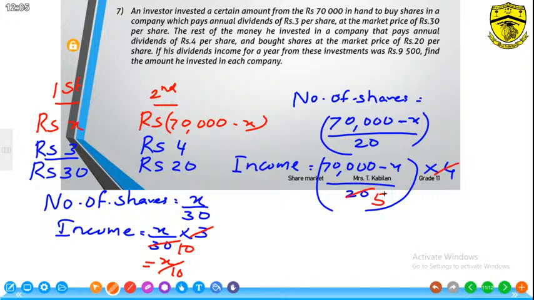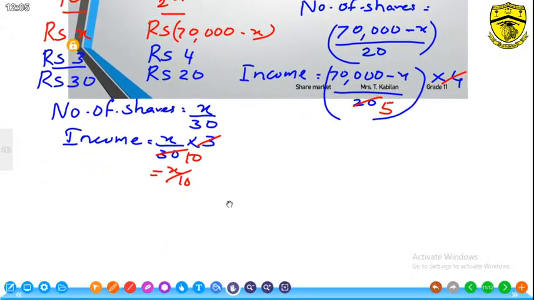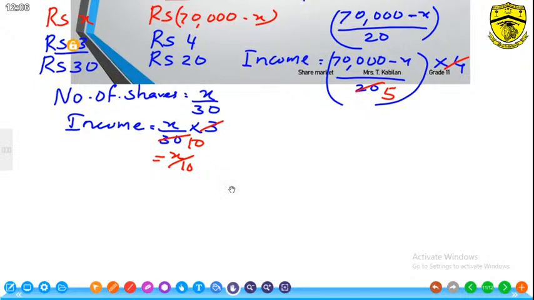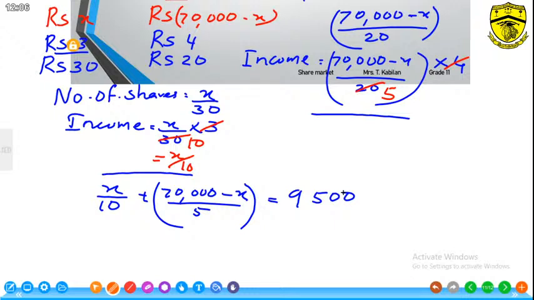From these two, the total income: we found the income from the first company is x by 10, and from the second company is (70,000 minus x) by 5. So add the two: x by 10 plus (70,000 minus x) by 5 is equal to the total income given in the question, 9,500.